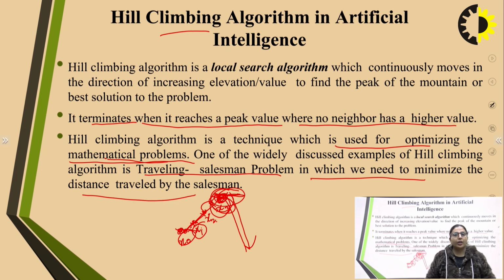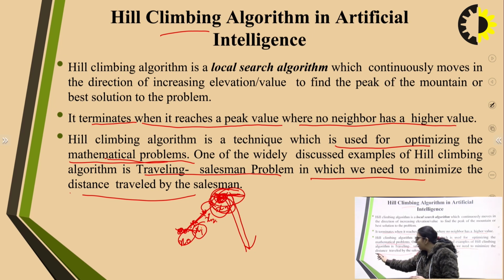the salesman. In the TSP problem, we are given a set of cities that are connected with each other, and we need to travel to each and every city. If we start from A, and there are 5 cities, then the salesman has to start from A and travel to all the cities connected with A, and it stops its search at A. The traveling considers the distance, right?